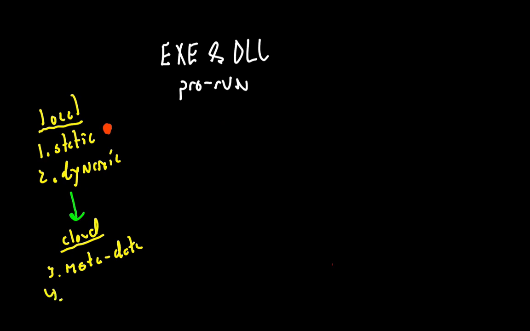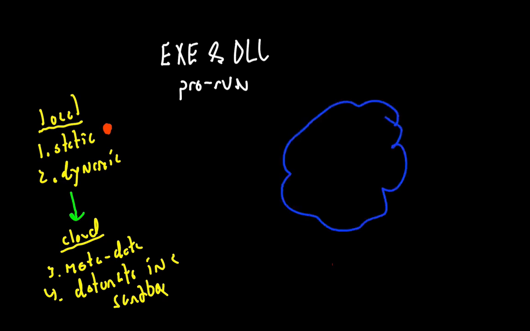The next escalation is to detonate the binary in a sandbox. And that's where the executable or DLL is uploaded to the vendor's servers, and they run the DLL in a full-fledged, heavily instrumented virtual machine.